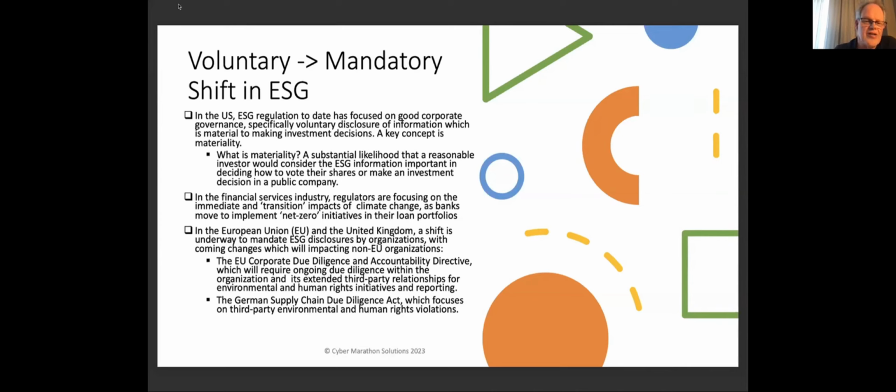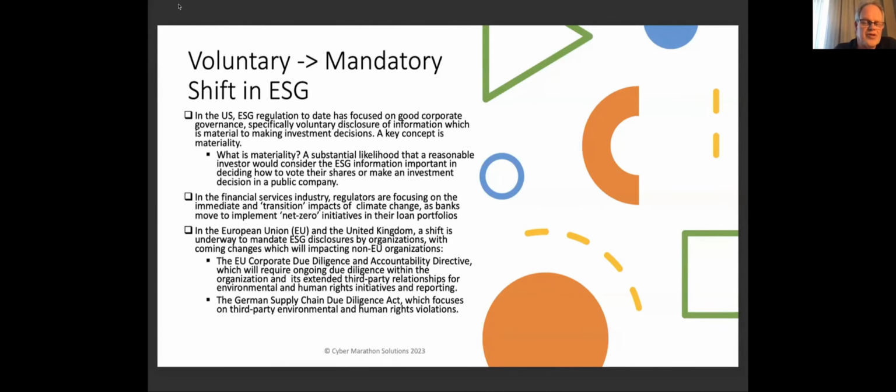So to date, a lot of the activities have focused, from an investment standpoint, on the asset management industry and mutual funds that claim to be ESG and are marketed to clients. One of the key considerations there is something called materiality.